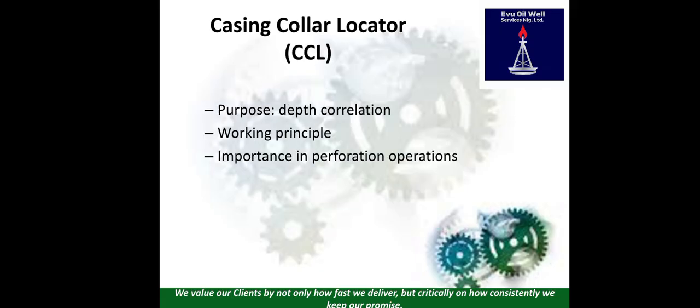Casing collar locator, and that's what we're known as the CCL. CCL is just an acronym for the casing collar locator. CCL provides depth correlation by detecting casing collars through magnetic response. It is vital in perforation operations. We don't want to go and perforate through the casing collars.